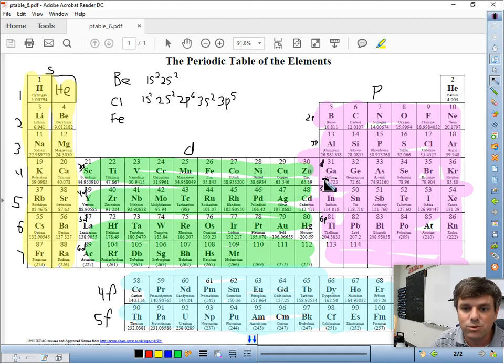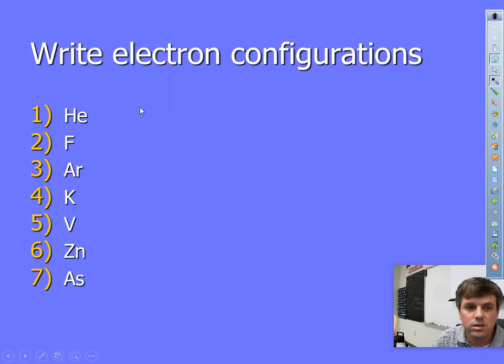You can write these 2p, 3p, 4p, and the 3d's right in your reference tables. Those are yours. So make some notes in there. If you want to label the regions S, P, D, and F, go right ahead. Feel free to write all over your reference tables. And once you do that, I want you to go to these 7 elements and see if you can write electron configurations. So go on and pause the video right now and try it.